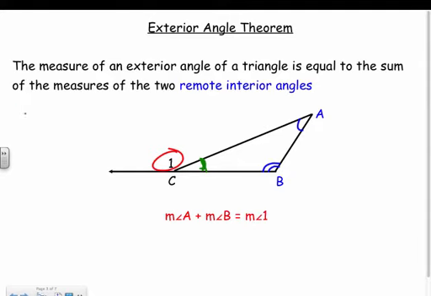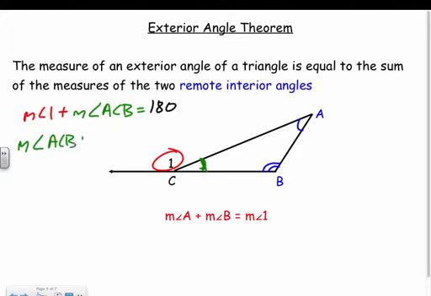So let's think about that. The measure of angle 1 plus that green one, which is angle ACB, that equals 180, doesn't it? And then if I think about this, that same angle, the measure of angle ACB plus the two blue ones, angle A plus the measure of angle B, those also equal 180.